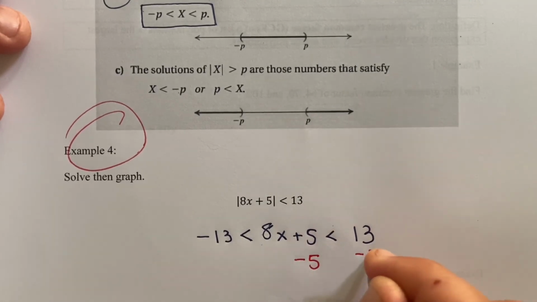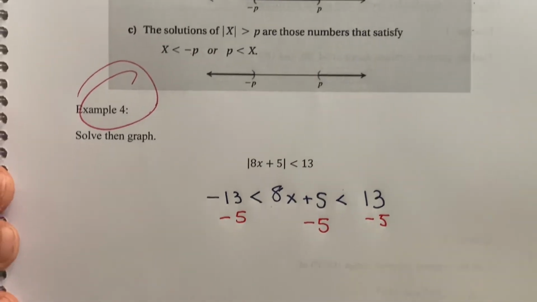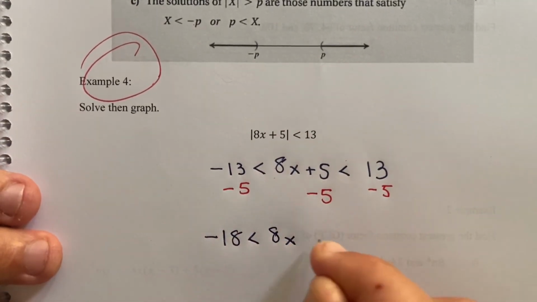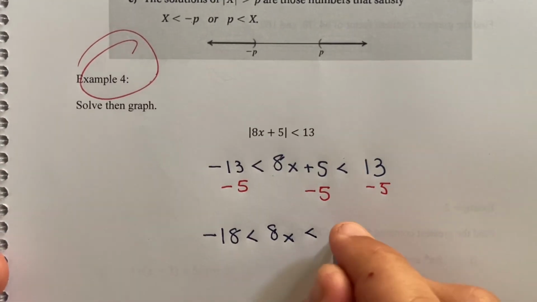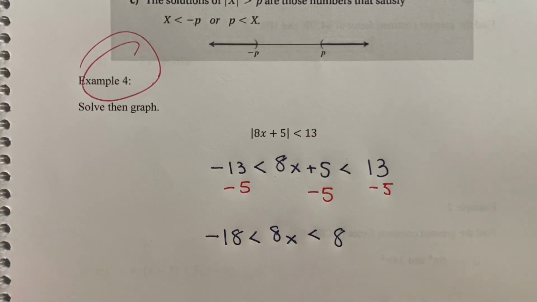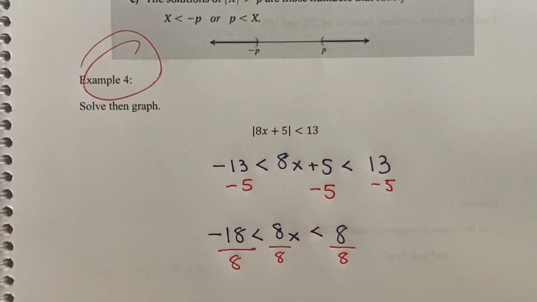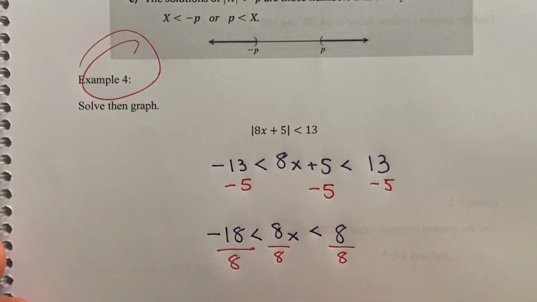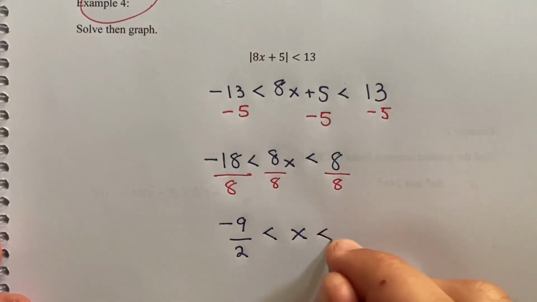So minus 5, minus 5. You don't actually have to separate this. So negative 18 less than 8x less than 13 minus 5, which is 8. And then divide by 8. You can just leave this written all in one line. So negative 9 halves is less than x, less than 1.